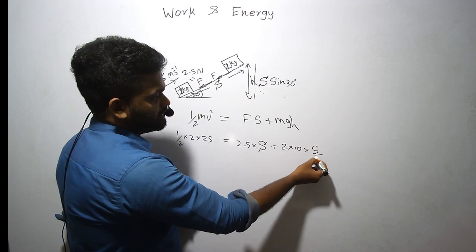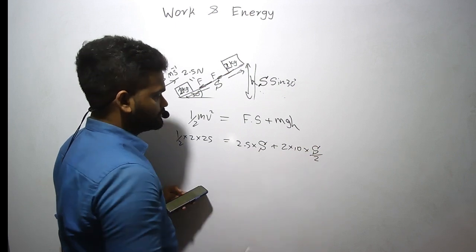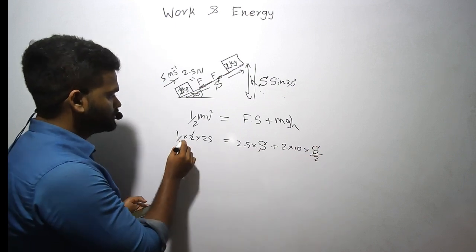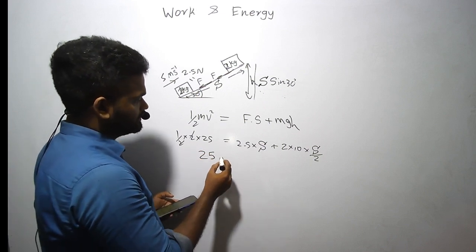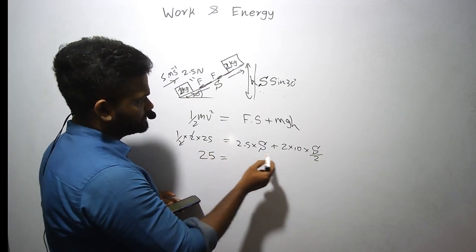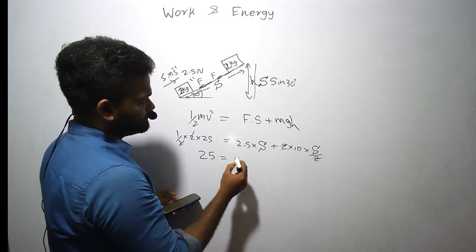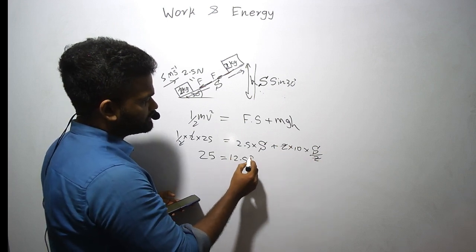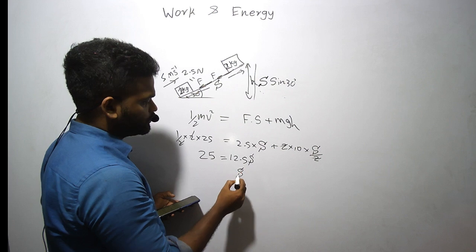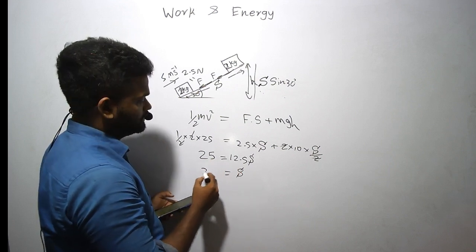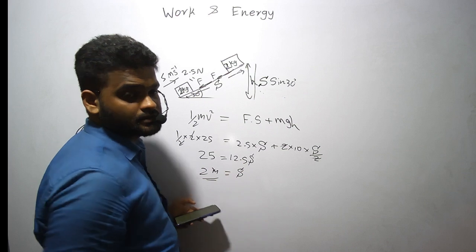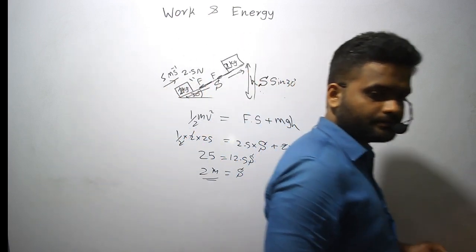Sine 30 means half, so this is s over 2. So 2 cancels off. This is 25 equals, this cancels off, then you get 12.5 s. 12.5 means 2 times 12.5 is 25, right? So what's the distance? 2 meters. Yeah, 2 meters.